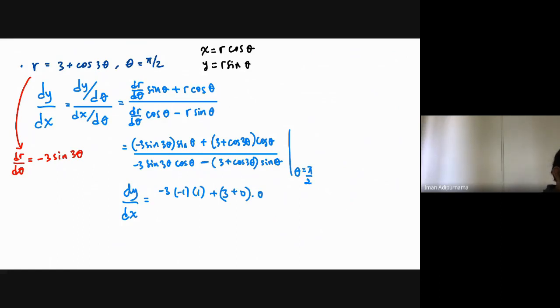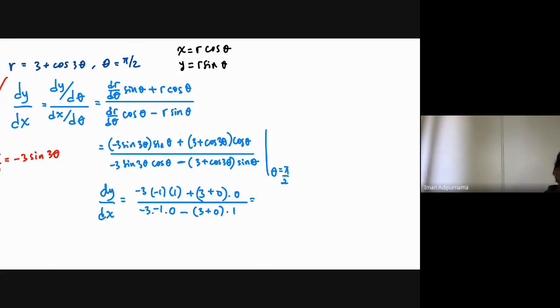So it's 0. And negative 3, negative 1, and then 0. So this part is 0. So 3 divided by negative 3 is negative 1.